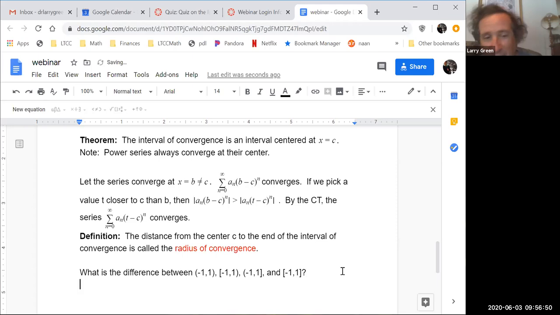The way you say them is all the same, but notice the first one has parentheses around both. The second one has a square bracket around the left and a parenthesis around the right. And the next one, parenthesis on the left, square on the right. And then the final is bracket, bracket. So what's the difference between them?